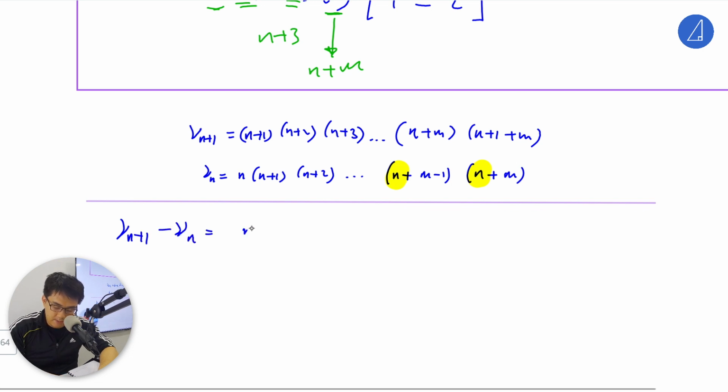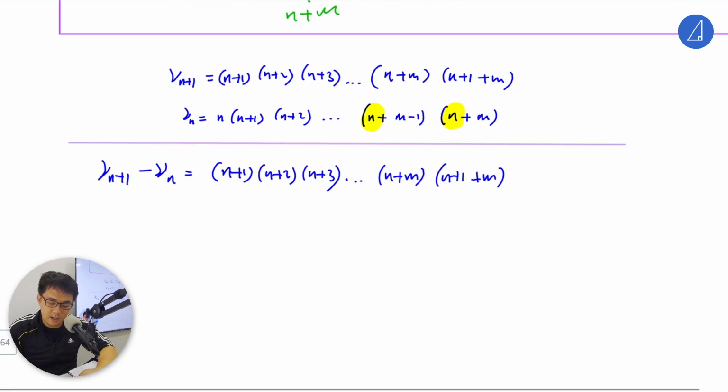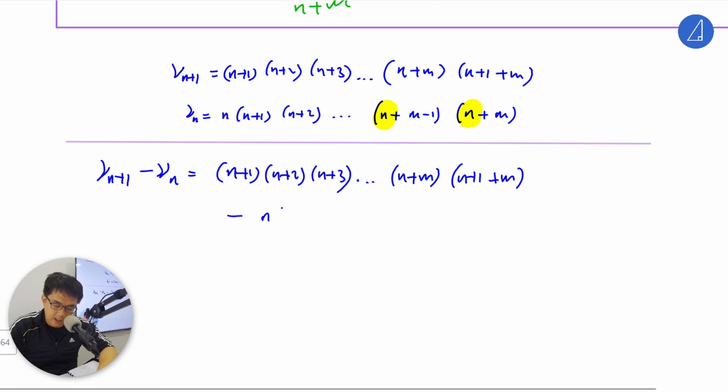This will be n plus 1, n plus 2, n plus 3, n plus m, n plus 1 plus m, minus n plus 1, n plus 2, all the way to n plus m minus 1, n plus m.